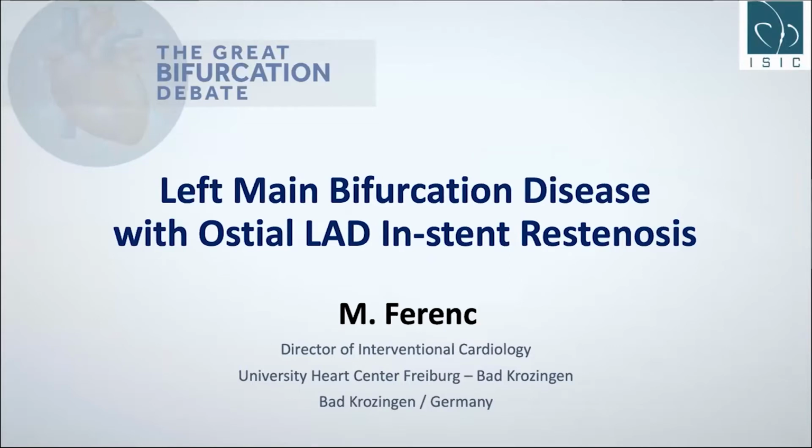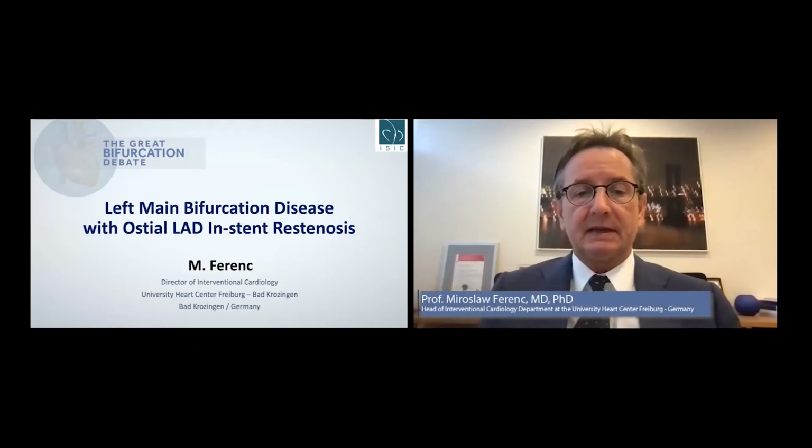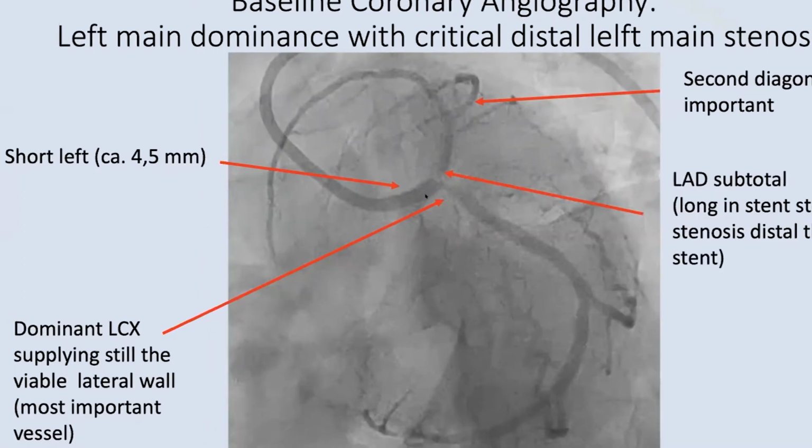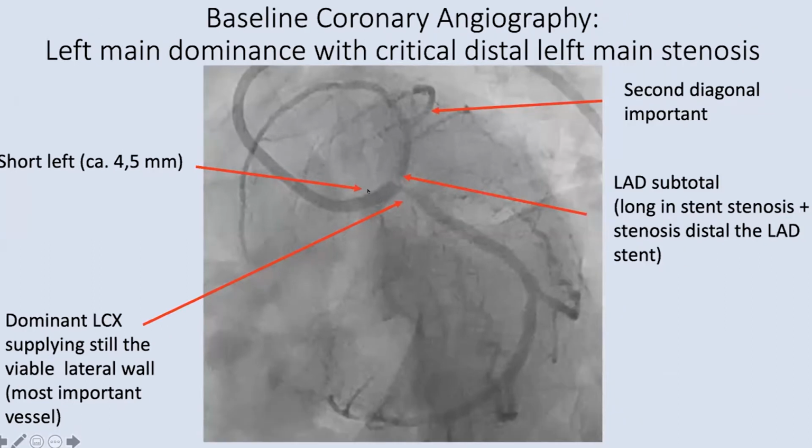As you mentioned, there are definitely two, maybe even three solutions for this young patient. If I just summarize the important anatomical points: first of all, there's a short left main. We saw from the area in OCT it will be something between 4.0 and 4.5 diameter.